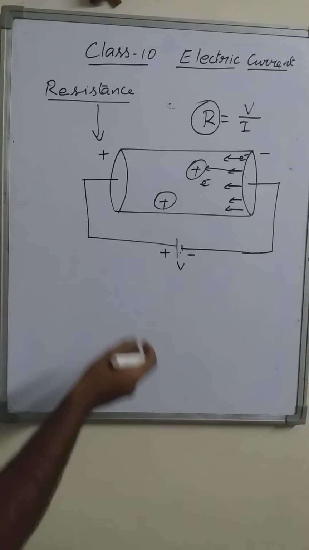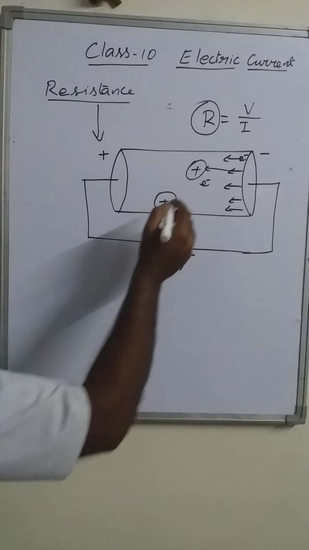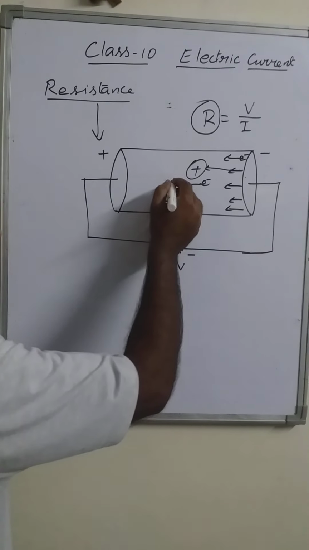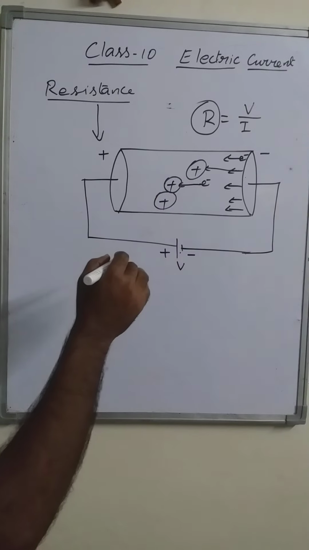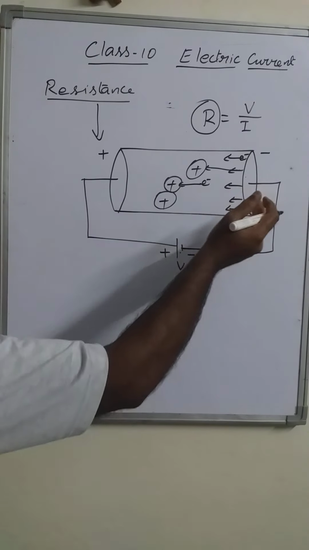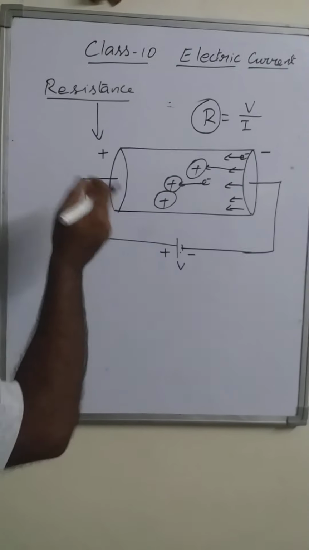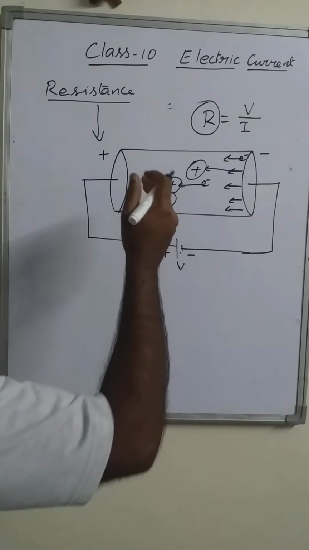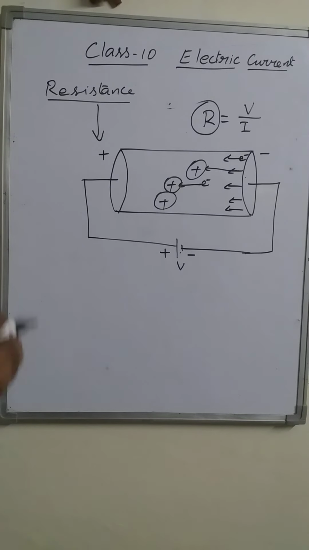When they gain a sufficient amount of energy, they start to move in the same direction, again collide with the positive ions, then come to rest, gain energy, then further move and collide. This process continuously takes place till it reaches the other terminal, that is the positive terminal.